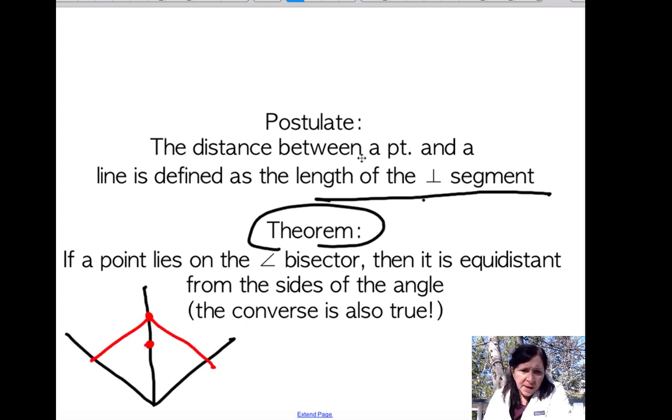Okay, do you see that? It'll be equidistant from both sides every time. And the converse is always going to be true. Keep in mind that this distance from here to here can be this perpendicular, perpendicular, perpendicular, etc.